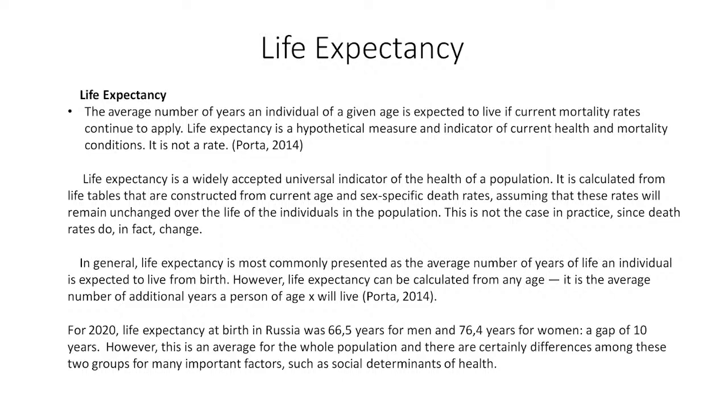Life expectancy is a hypothetical measure and indicator of current health and mortality conditions. It is not a rate. Life expectancy is a widely accepted universal indicator of the health of a population.